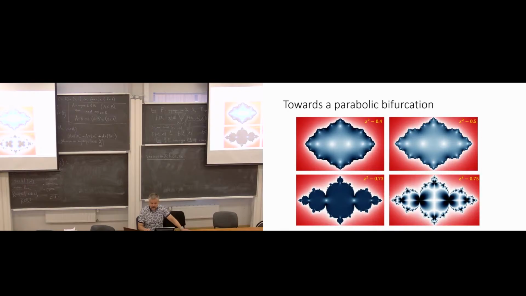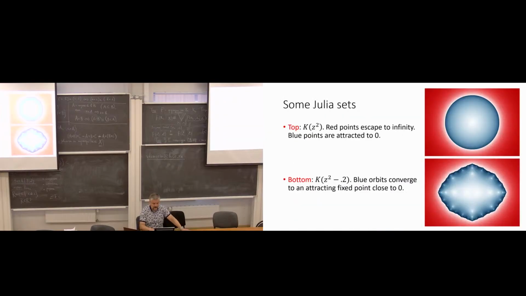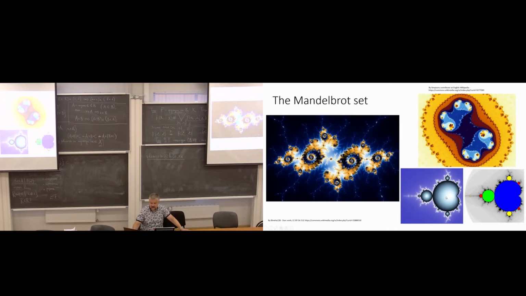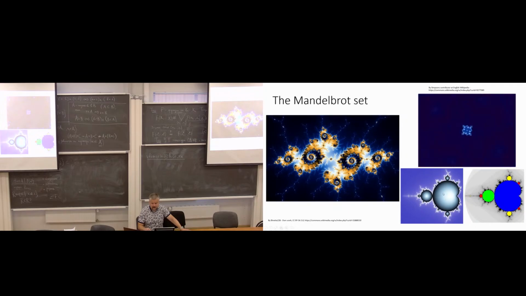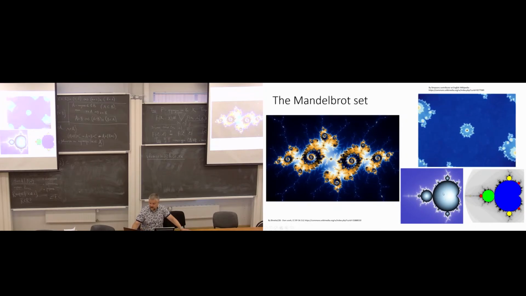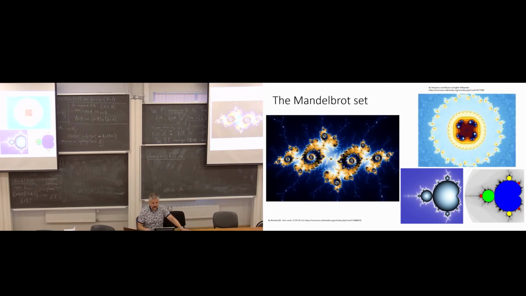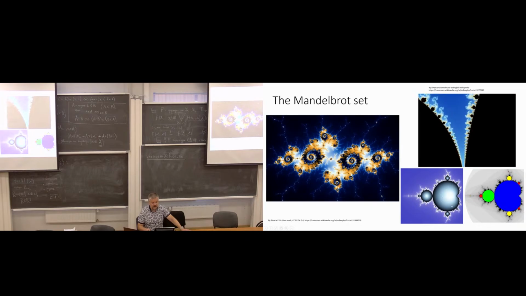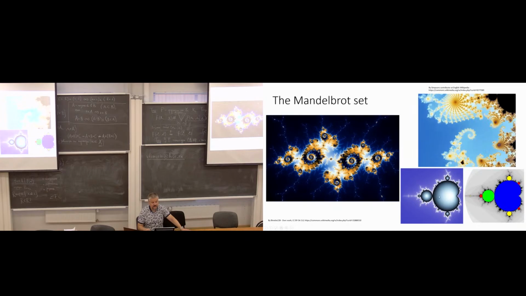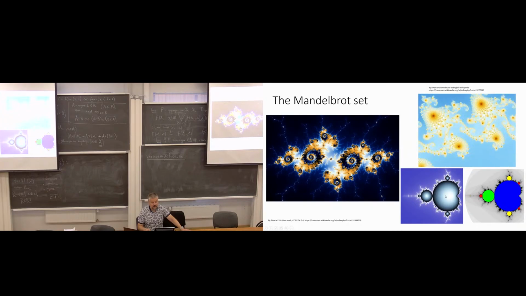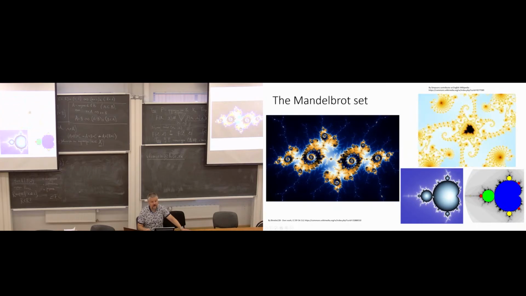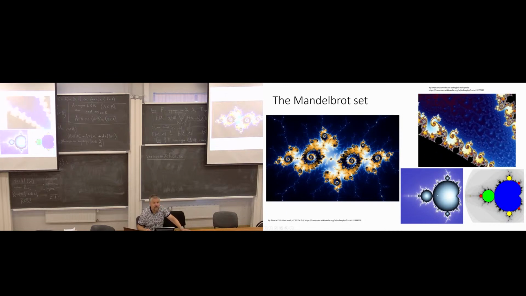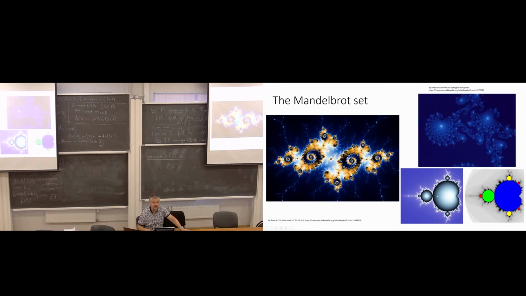Now I don't have a figure for the Mandelbrot set, so here is the figure of the Mandelbrot set. So this is the so-called main cardioid, and what happens is that the parameter value goes to here from within the main cardioid. Do you see the pointer?